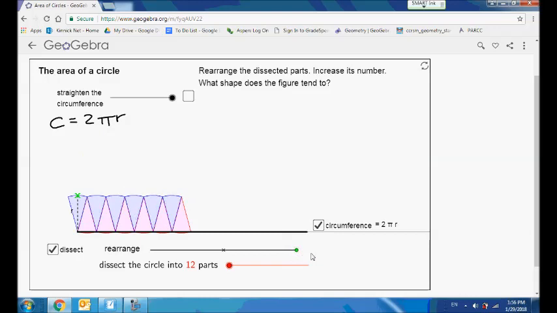Now, it looks roughly like a parallelogram. And we know how to find the area of a parallelogram. It is base times height. So the area equals base times height. Now the base down here is half of the circumference.